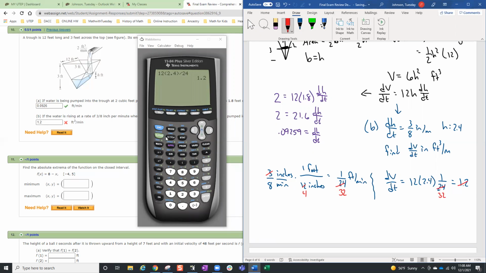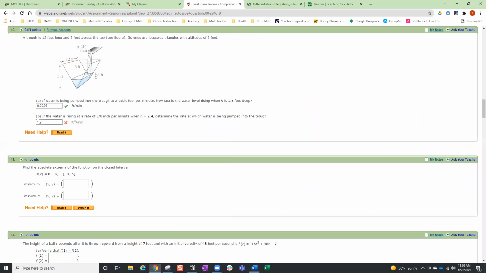And so instead of dividing by 24, how about we do it correctly and divide by 32? And we'll get 0.9. And then we'll try that answer when we do the arithmetic correctly.